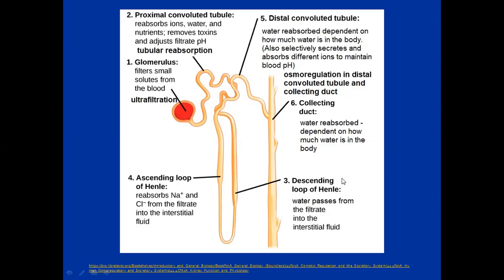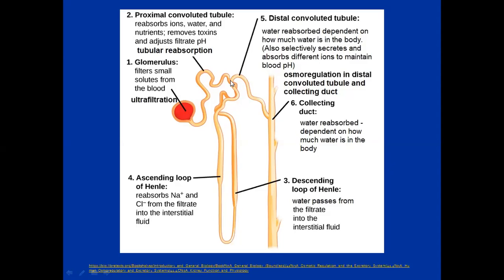And in the distal convoluted tubule and the collecting duct, the main important thing here is the body's able to control how much water it reabsorbs. There's a part in the brain that constantly monitors how much water there is in the blood. If the blood contains a lot of water, in other words, it's quite dilute, and the body doesn't need to conserve water, then the walls of these tubes become impermeable to water, and the water just keeps on going, and out it passes in the urine.